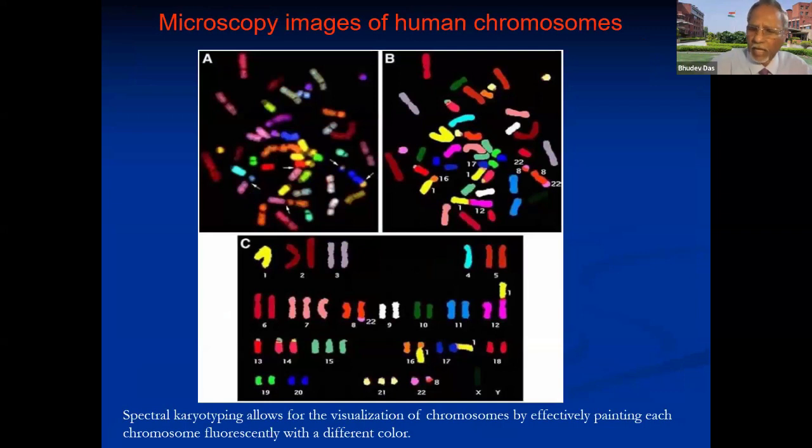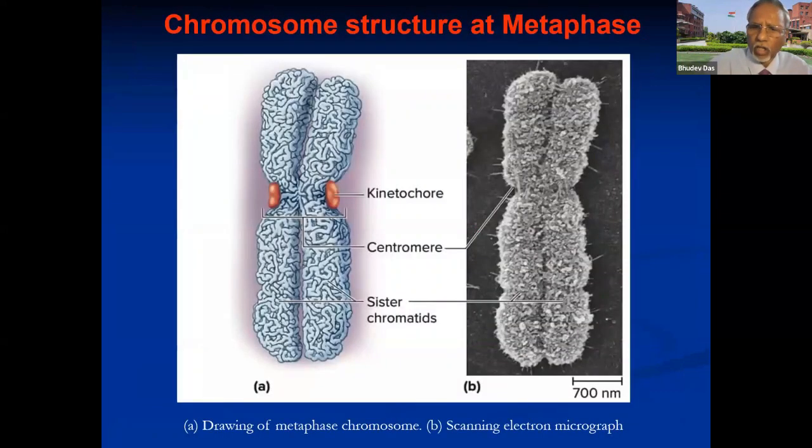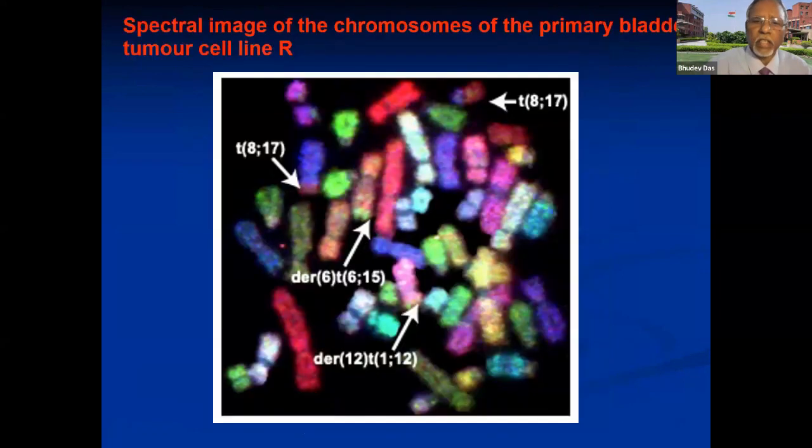I have less time to go ahead with that. This is also a chromosome picture, but here you can see 17 translocations and 15 translocations shown in 2 places, and chromosome 1 and 12 translocations.